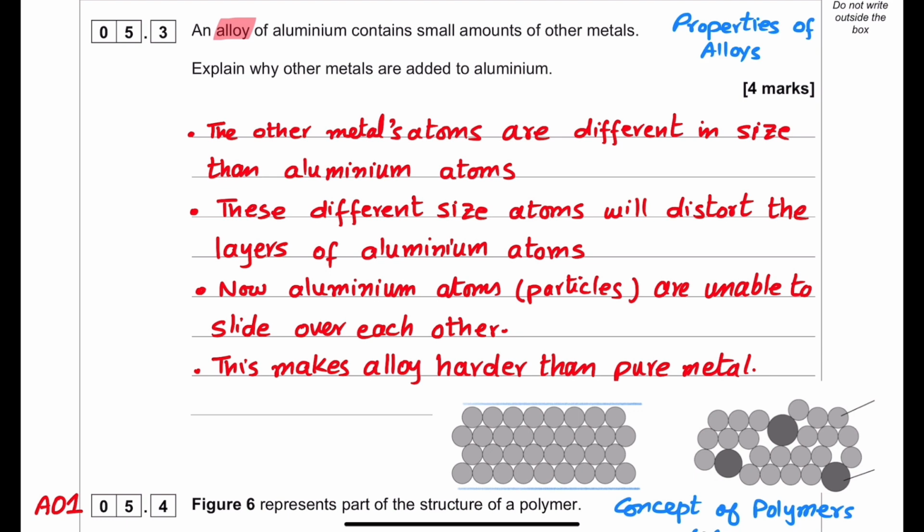These different size atoms will distort the layers of aluminium atoms. Now aluminium atoms or particles are unable to slide over each other. Before that, when we apply force, they can slide over each other. But when we add the impurity, now there are no layers present, so they are unable to slide. This makes alloys harder than pure metal.